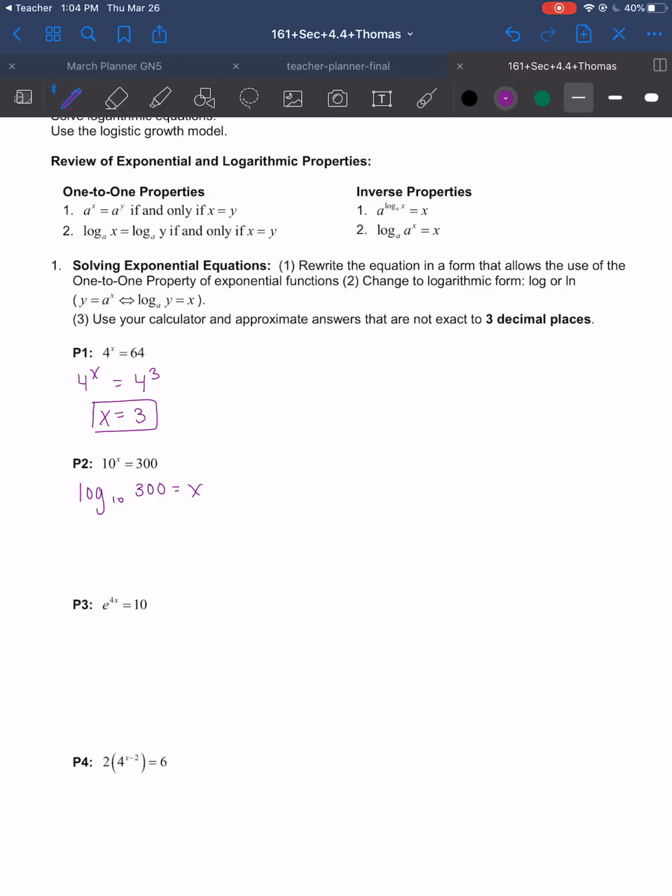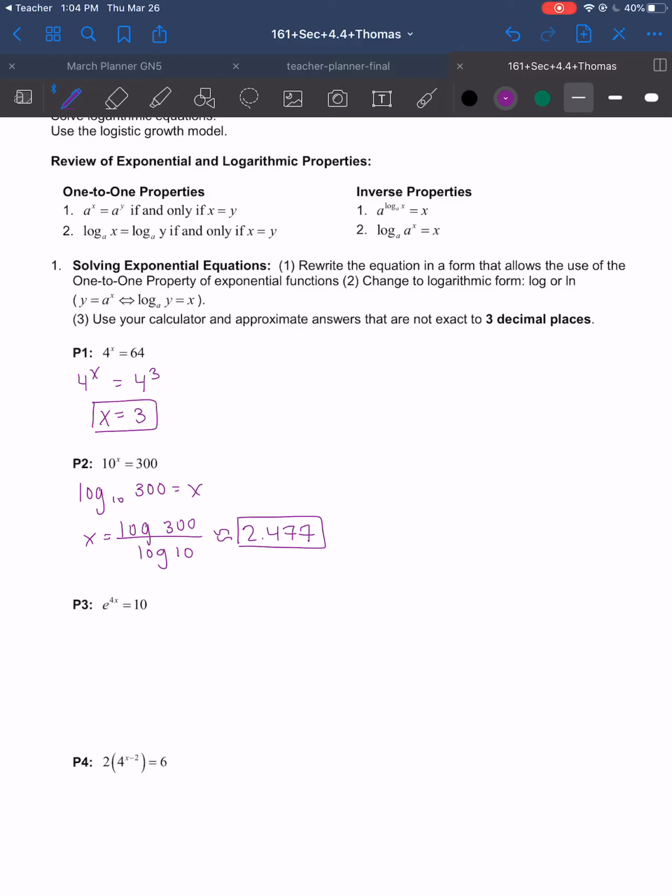I don't know what this is, so I'm going to use my change of base formula that I talked about in 4.3. I'm going to take log of 300 and divide by log of 10. And when you do that, it says to estimate to 3 decimal places, so that's 2.477 equals x.